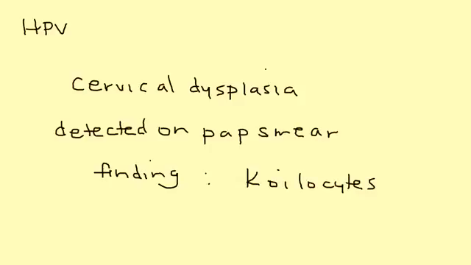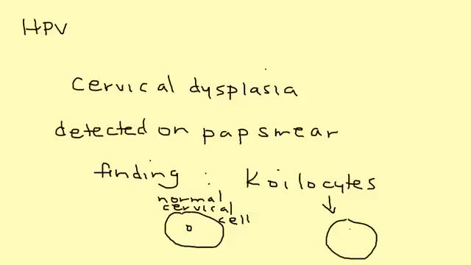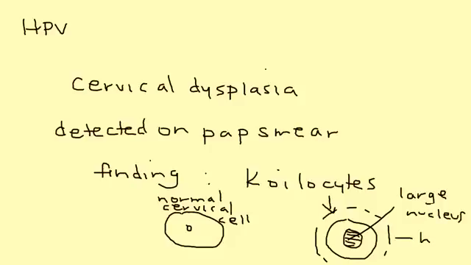Just to illustrate, here's a normal cervical cell, and a koilocyte will look something like this. It will have a very large nucleus, and it will be surrounded by this halo. And that is essentially a sign of cervical dysplasia caused by HPV.